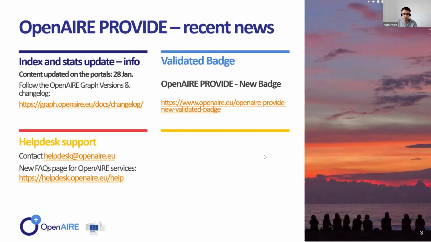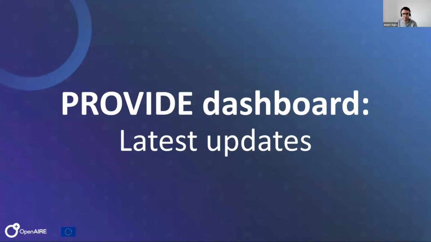Something that is new and we would like you to start using. We know that those that are contributing with content usually have, in your service web pages or in your repository, in the footer, in a specific widget area from your data source, the badge of OpenAIRE.